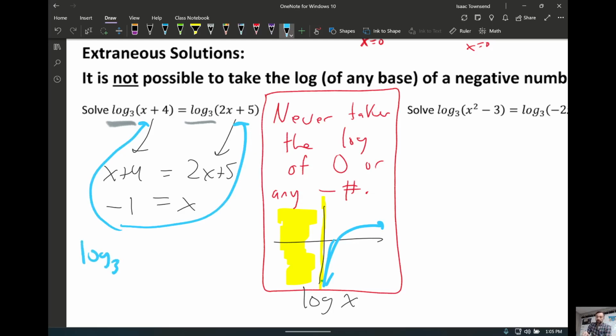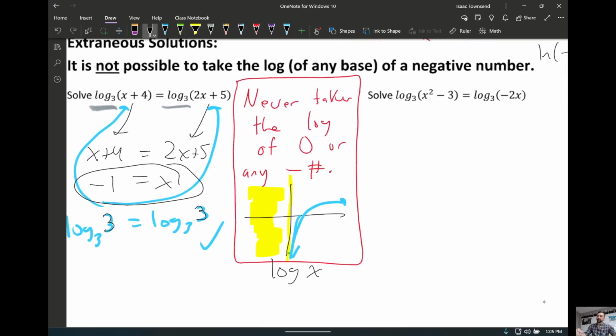You would get log base 3 of 3 on the left and log base 3 of 3 on the right. So first off, that should make you feel good that the left and the right are the same. And second off, I can take the log of a positive number. So this is perfectly fine. Log of 3 makes sense. Positive numbers exist on logarithms.